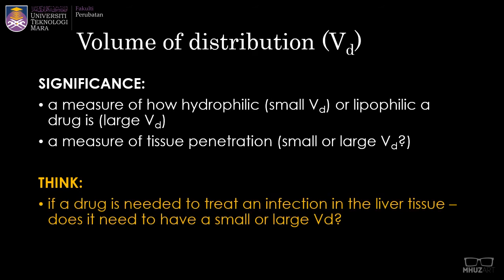So consider a situation where a drug is needed to treat an infection in the liver tissue. Okay, does it need to have a small or large VD, taking into account that the liver tissue is not well vascularized?